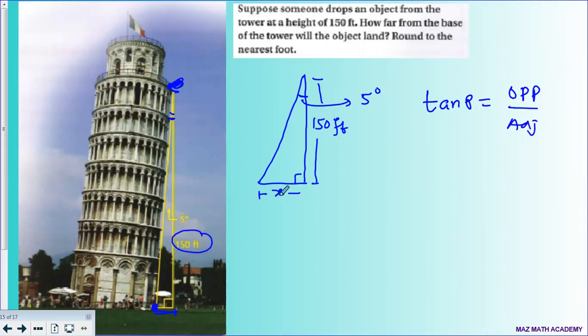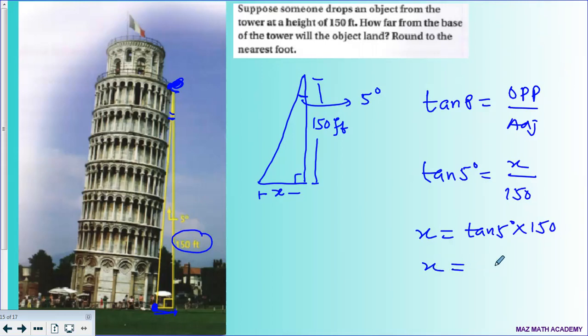So tangent 5 degrees equals x over 150. By cross multiplication, x equals tangent 5 degrees times 150.